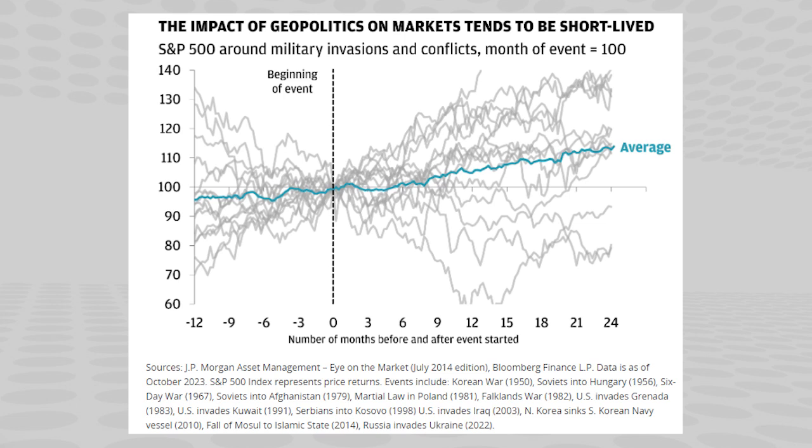There are, of course, examples of extended wars where the market had larger and longer pullbacks, where war occurred during times of economic weakness. But overall, the market is going to be more impacted by corporate earnings and economic health. So we're analyzing the conflicts around the world carefully, and we'll keep you updated on the impact on the markets here.